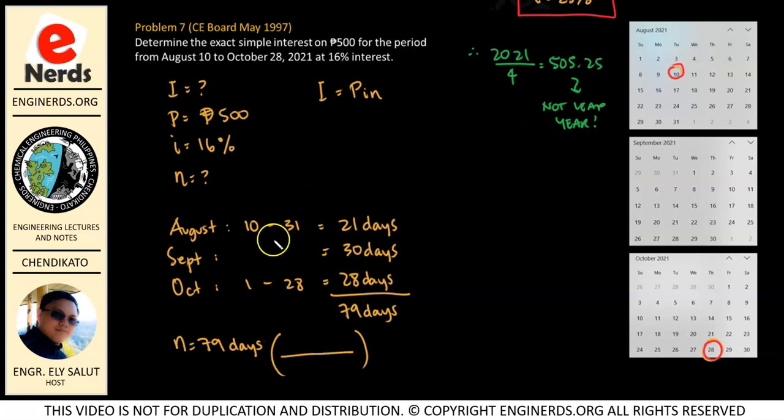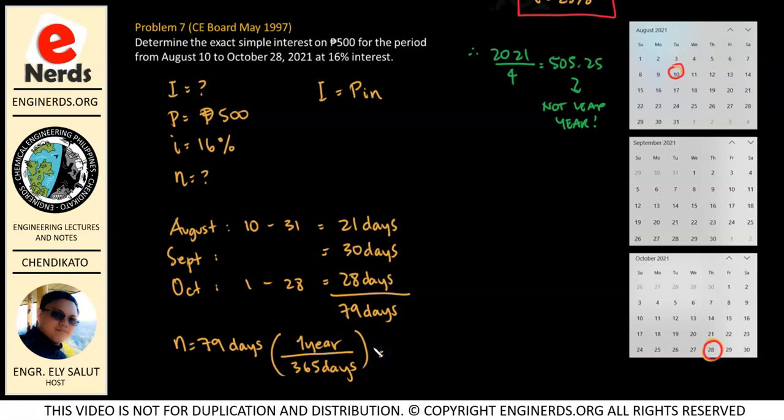Since this is not a leap year, that means in 1 year we have 365 days. If it were a leap year, we would have 366 days. Okay, so this is in 1 year.